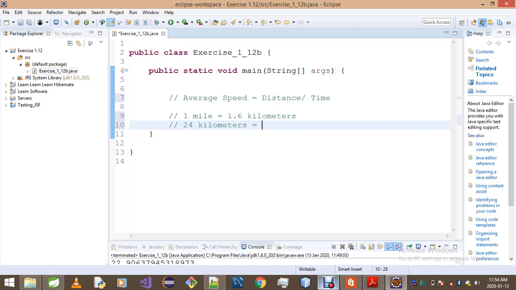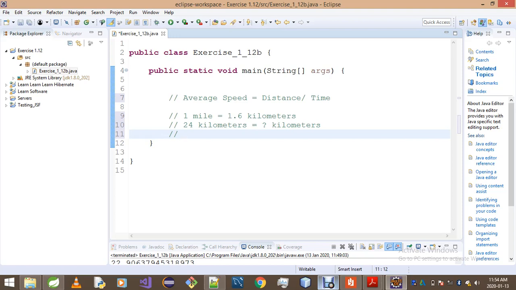Let's put a question mark for that number. Actually, that's the number we're looking for, in kilometers. If you did mathematics, then you will know that if you have two equations like these, what you gotta do is simply cross multiply in order to find our question mark.